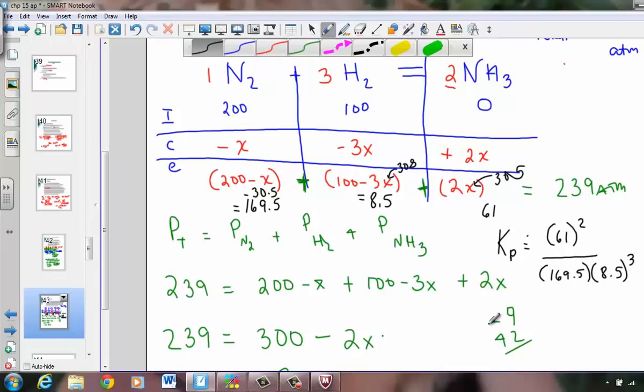Let's hit for Kp. 61 squared divided by 169.5, divide again by 8.5 cubed, and my Kp I found 0.0357.